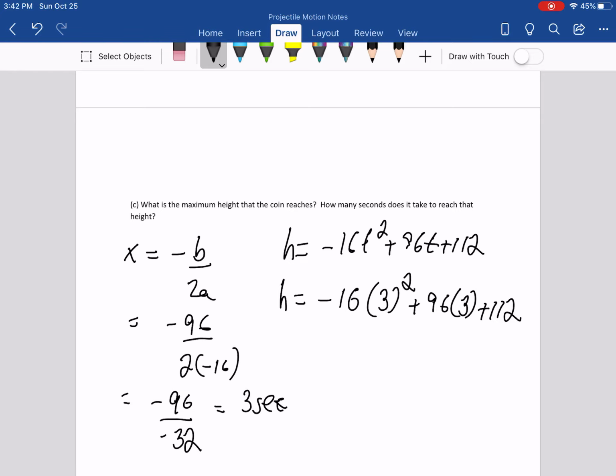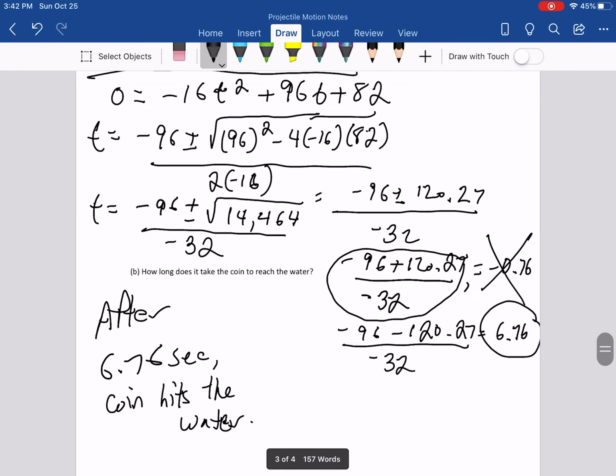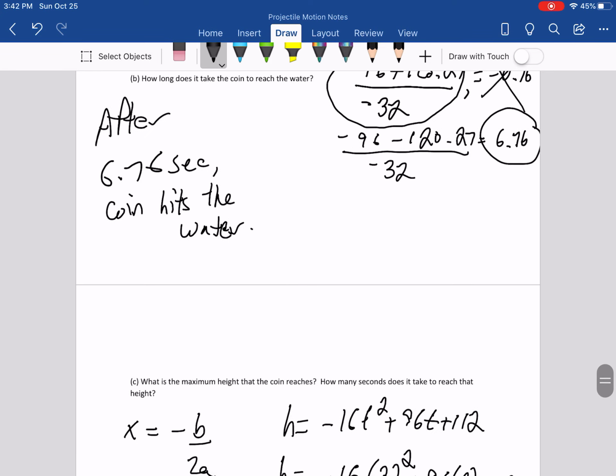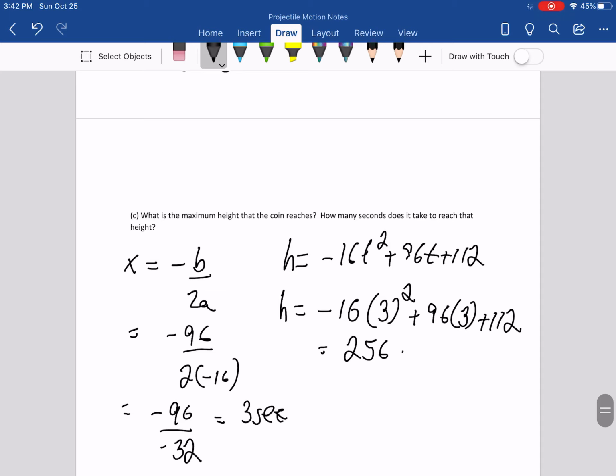That's 256, and that's in meters. So the maximum height that the coin reaches is 256 meters. How many seconds does it take to reach that height? That is 3 seconds.